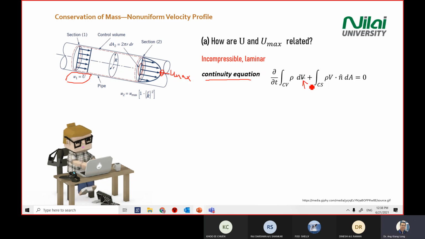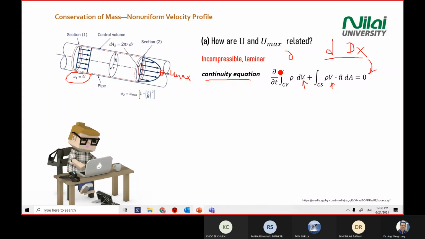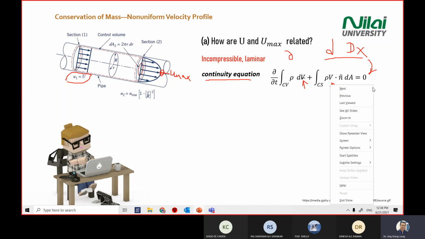Be careful with the volume and velocity symbols in your answer. Okay, del over del t, and you need to write it like this. Don't use the capital D. If you write a capital D, I'll mark the equation as wrong. It's a partial differential, the small change of the mass with time. So be careful on the symbols that you use.